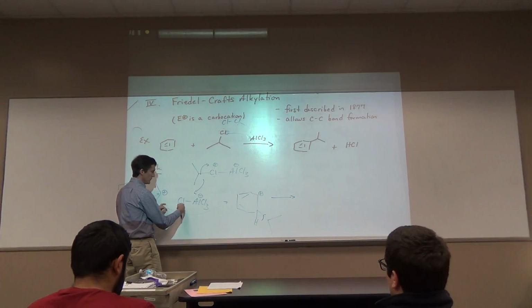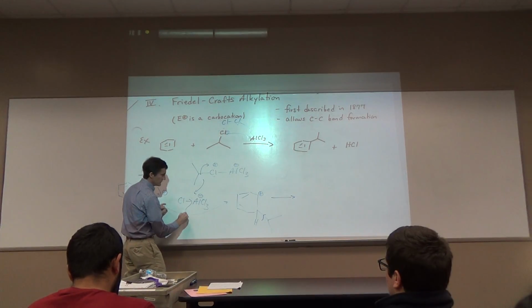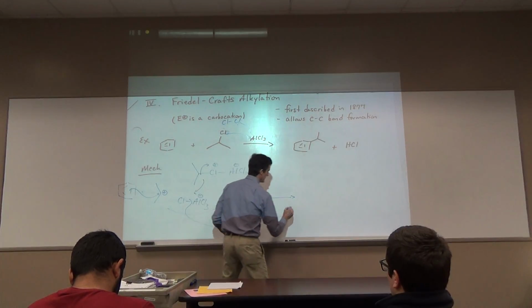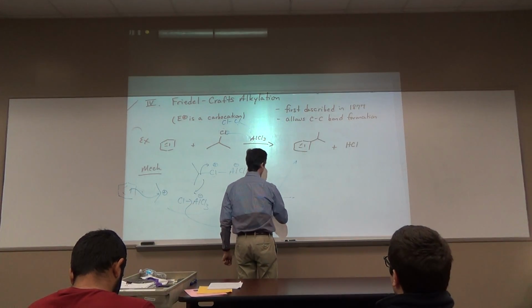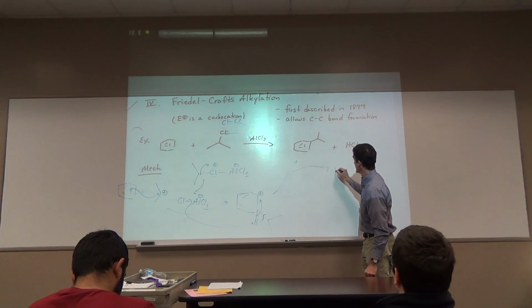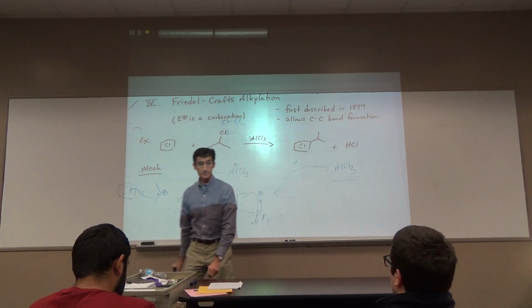The aluminum's like, hey, chloride, I like you, but I don't like being minus. So you and your electrons take a hike. So it shoots them off, and the electrons come over here. These move in here. What do we get? You get a product plus what? Plus HCl plus what? Your catalyst reformed.